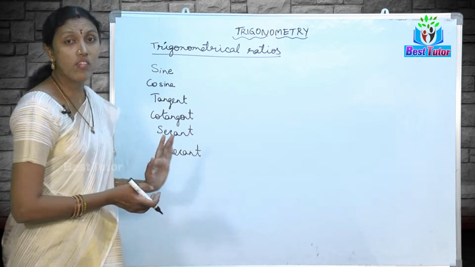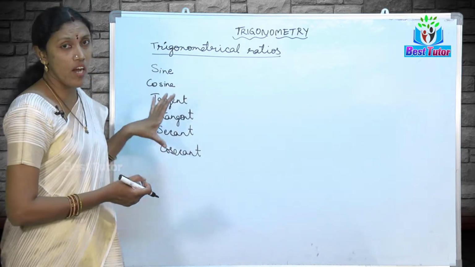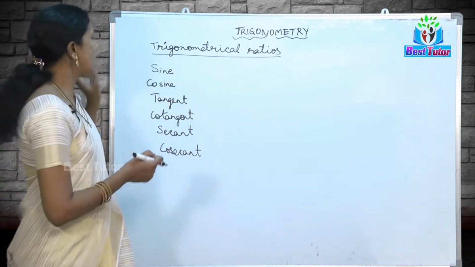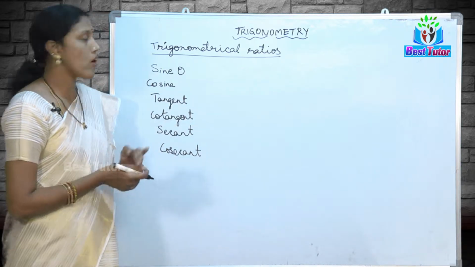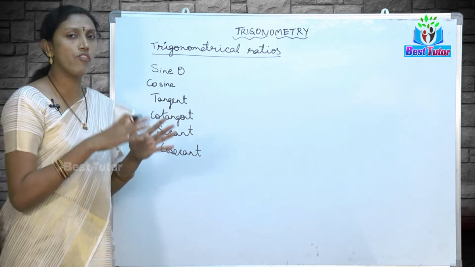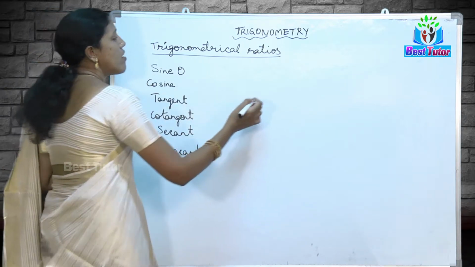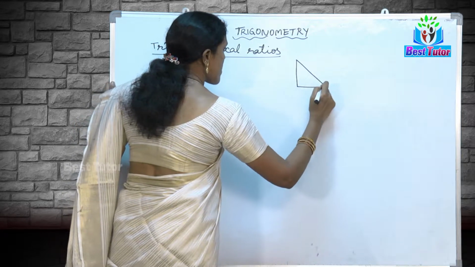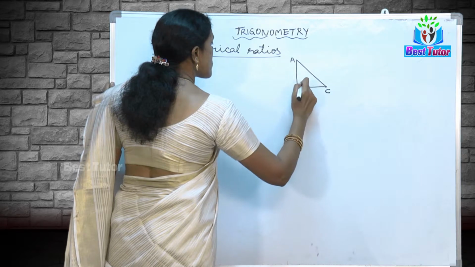Now what are the basic definitions of these trigonometrical ratios? These words as such are meaningless unless they are applied on an angle. Sine is meaningless, sine theta is meaningful, or sine of angle A or sine of some other angle. It makes a meaning, it makes sense. So similarly we consider a right angled triangle ABC where angle B is 90 degrees.